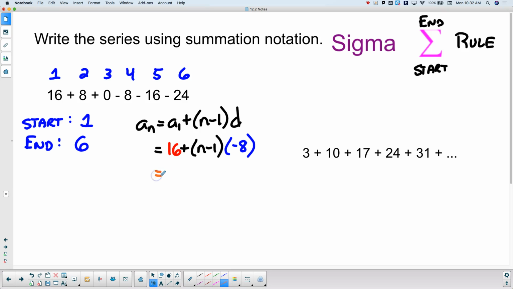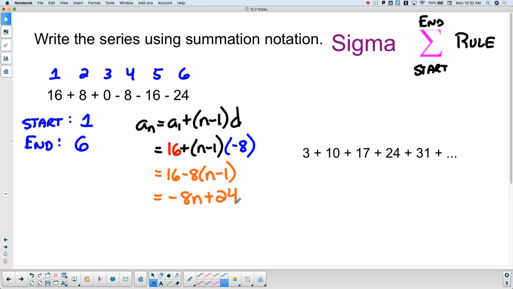Or that could be a rule. Or that could be a rule. Okay? Basic, standard, advanced in terms of our rules.